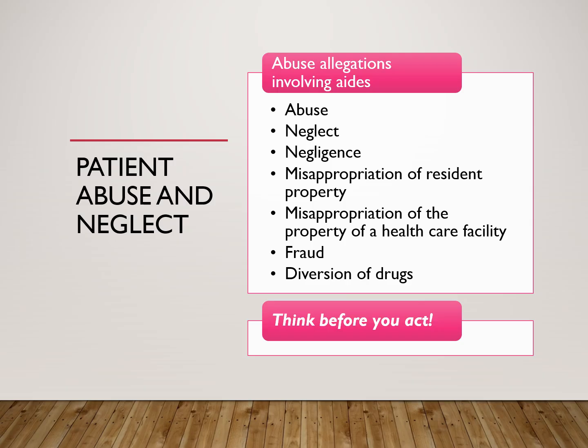The majority of aides who provide services in home care are very capable and caring individuals. However, when certain allegations are suspected involving aides or other unlicensed healthcare workers, healthcare employers are required to submit reports to the Healthcare Personnel Registry Investigations Branch.